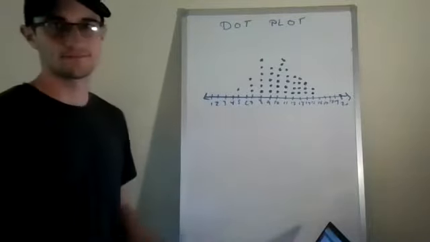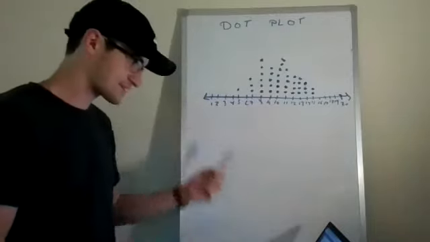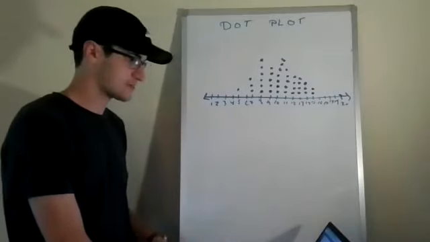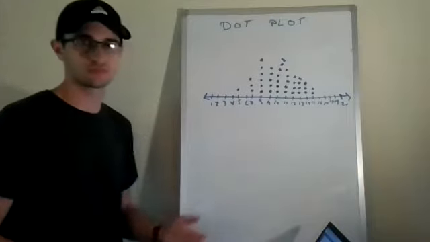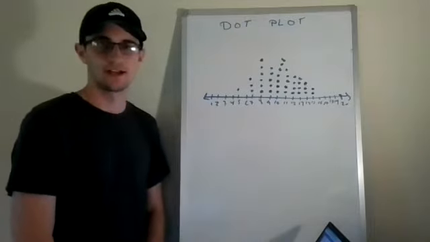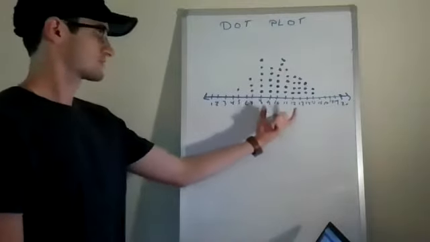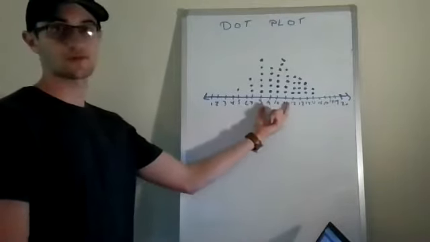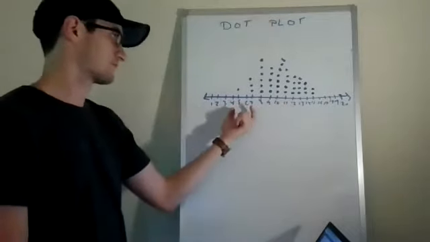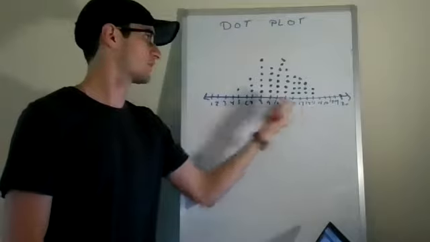Okay, and so let's go to dot plot. You got dots, and you've plotted the dots. It's pretty straightforward. It doesn't show us a lot of stuff, but it's a really easy way to represent simply the data that you have, and to see that this basketball phenom is scoring within the 8 to 11 points per game range pretty frequently, more frequently than he is scoring 5 and 7, but also more frequently than he's scoring 12 through 15.